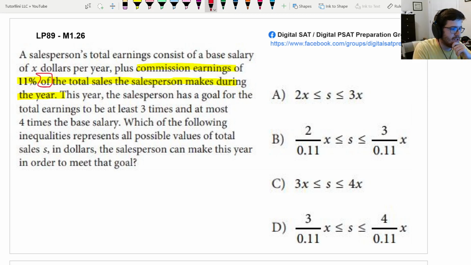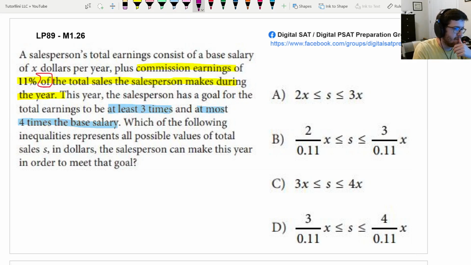This year, the salesperson has a goal for the total earnings to be at least 3 times and at most 4 times the base salary. Okay, so he wants to be at least greater than or equal to 3 times and at most 4 times the base salary.